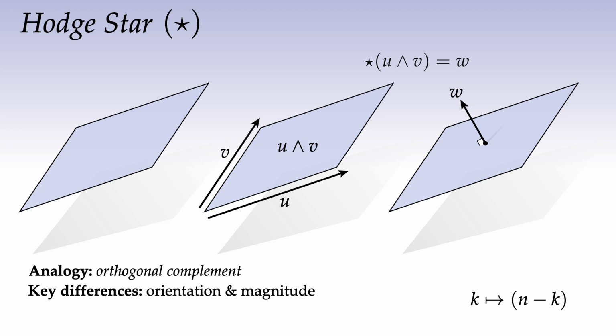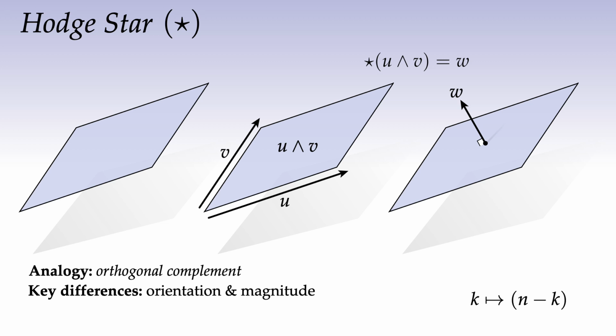There's another important detail that we have to pin down in order to really say what the Hodge star is. So one thing you might say at this moment is, wait a minute, can't I also express the same 2 form using minus w instead of w? And so how do I know that star of u wedge v is equal to plus w or minus w, or what do I do?